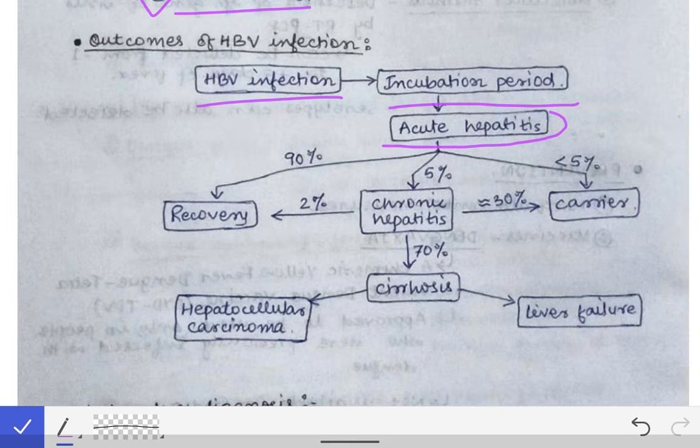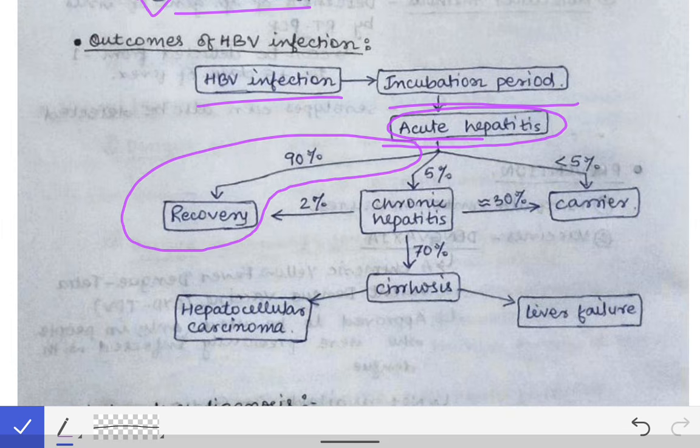After the incubation period, acute hepatitis occurs, and in 90% of cases this acute hepatitis resolves fully. In 5% of cases it leads to chronic hepatitis, and in less than 5% of cases the person becomes a carrier.